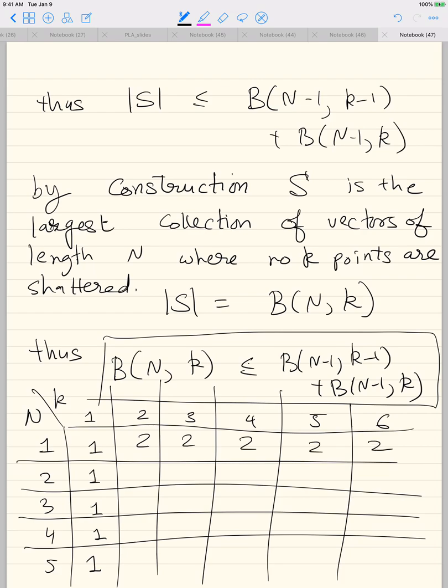For the remaining ones, if we want to fill up this cell, we will only give an upper bound. We'll say that this cell, where n is 2 and k is 2, B of 2, 2 is less than B of 1, 1 plus B of 1, 2. So we add these two. If you want to look at this cell, then it is less than B of n minus 1, k minus 1 plus B of n minus 1, k. So it's the sum of these two.